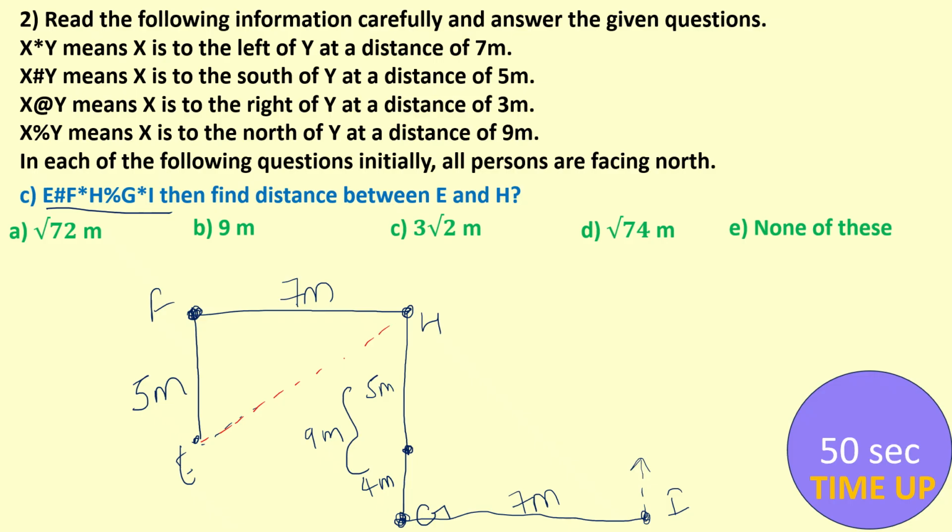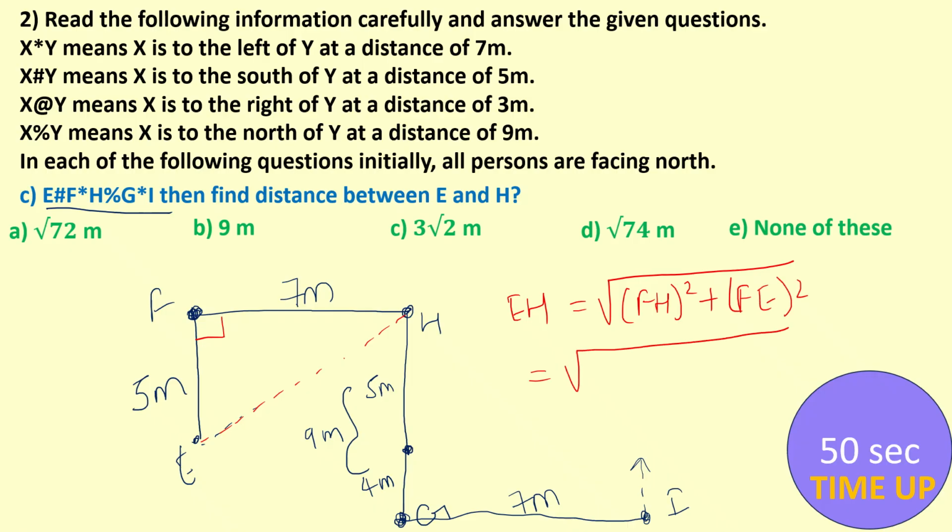This is the triangle you get here. You need to use the Pythagoras theorem. So EH will be equal to root of FH square plus FE square.